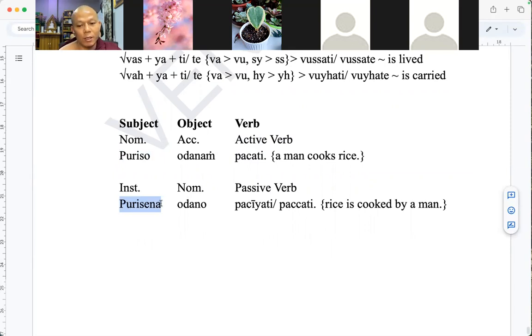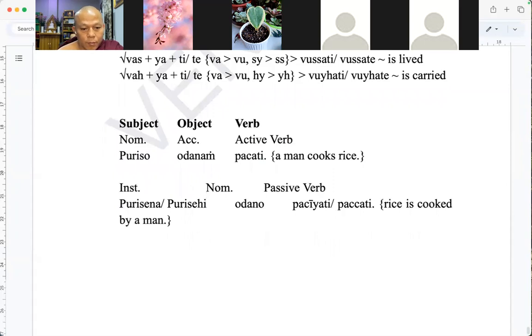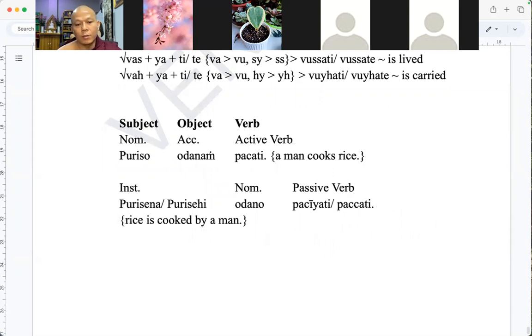It's okay. Buddha say he, so bind the man. So in this way it can be Buddha say na or Buddha say he.